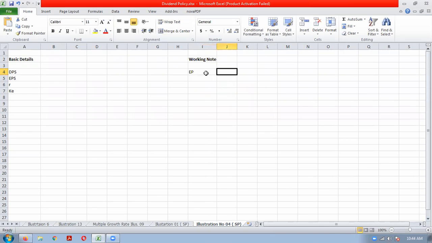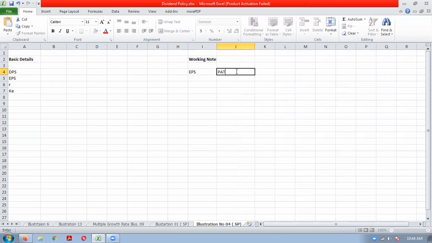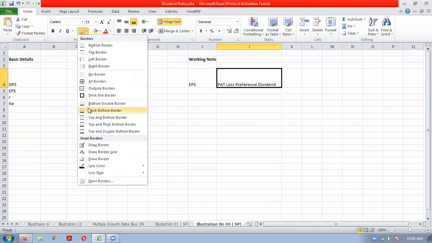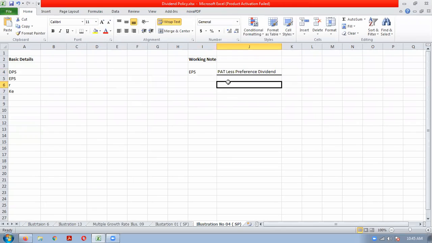EPS formula is profit after tax less preference dividend, divided by number of equity shares.